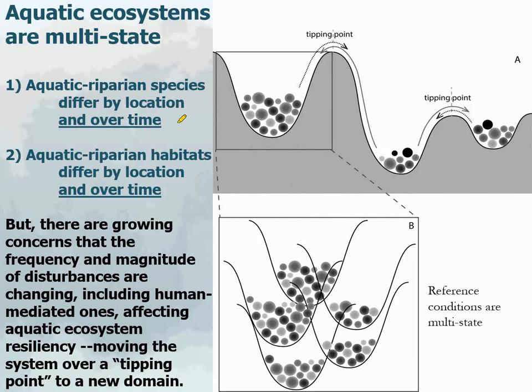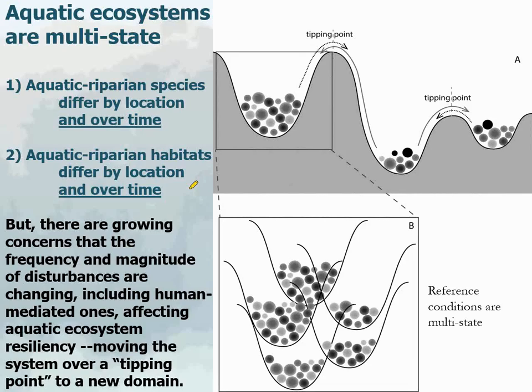If you have a landslide or if you have a drought event, you may have some losses of species in particular areas over time. And so the habitats may change. And there's a growing concern that the frequency and magnitude of disturbances in aquatic systems are changing, and probably induced by some human disturbances like timber harvest.